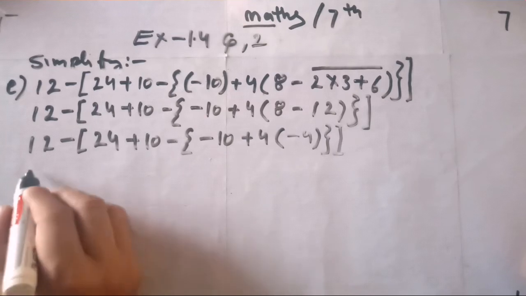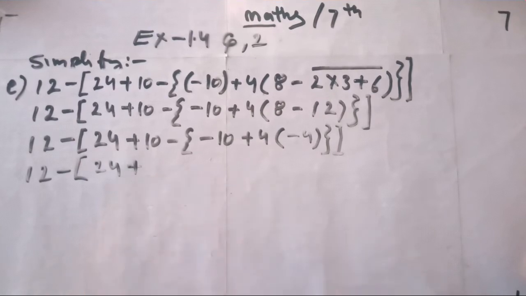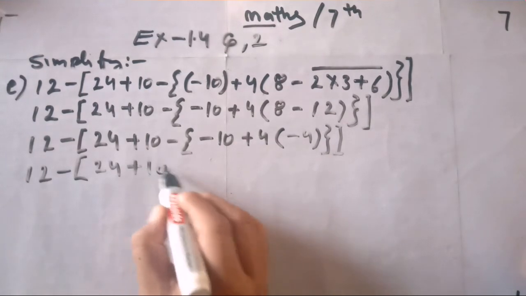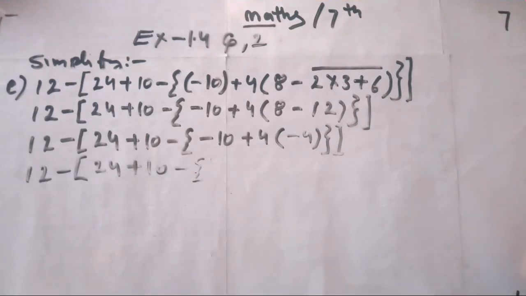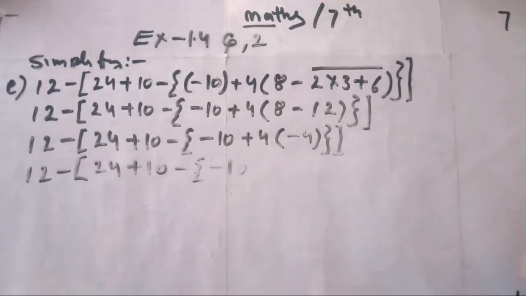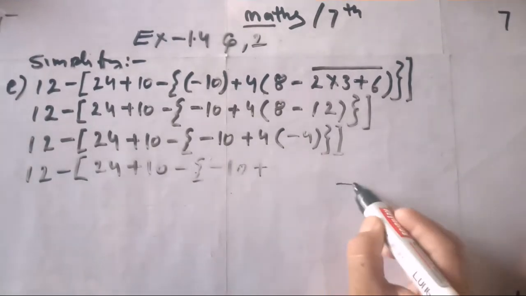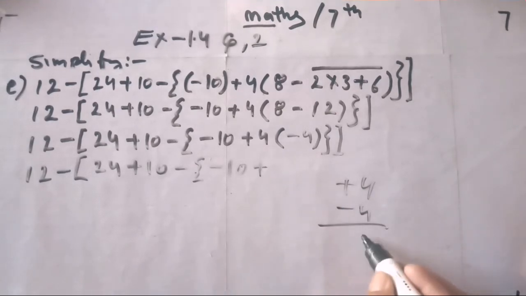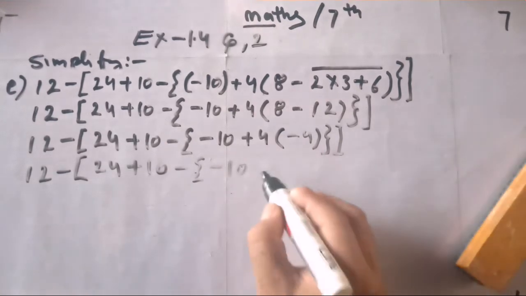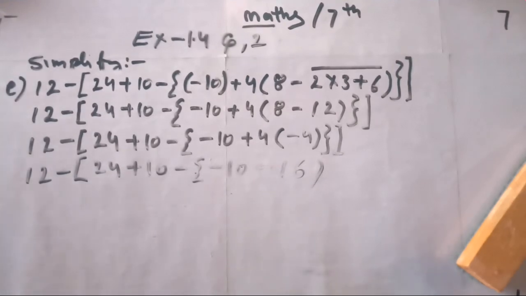Now the next step is 12 minus square bracket begin 24 plus 10 minus bracket begin minus 10. I will tell you once more, do not take shortcut. Minus 10 plus 4 and minus 4 is equal to 16, and with the negative sign, beta, this is equal to minus 16.